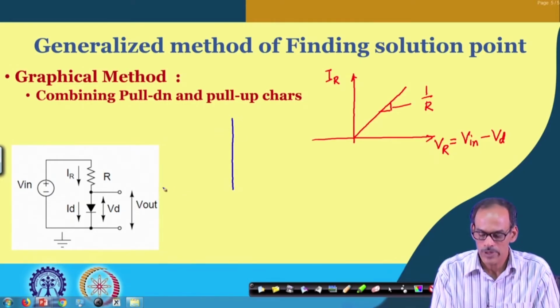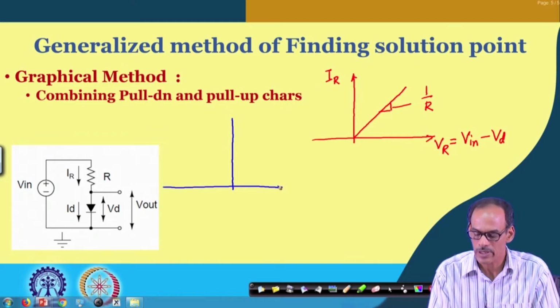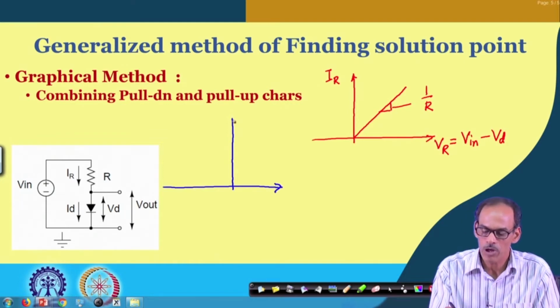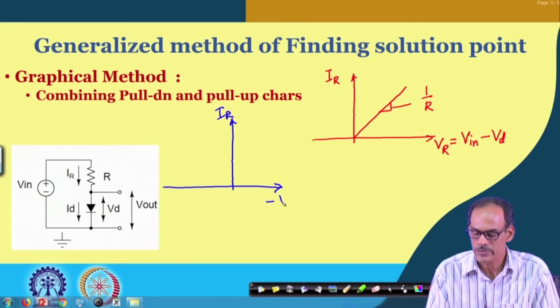Let us flip the characteristic curve, namely let us plot this I r with respect to minus V r. So, what is minus V r?